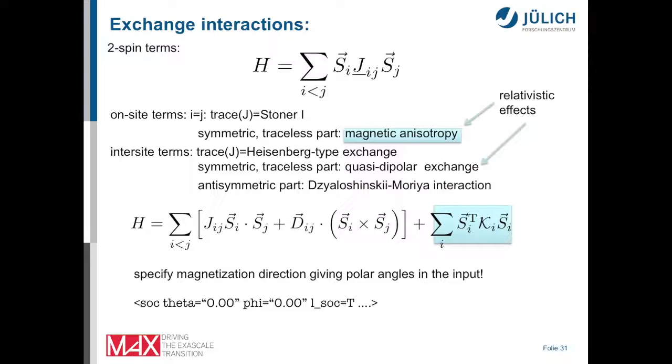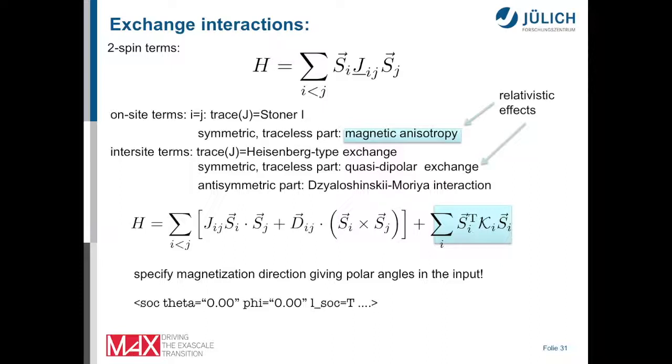So if you have a ferromagnet which points in z direction, or it points somewhere in the space, it has a different total energy due to this traceless symmetric matrix which describes the magnetic anisotropy.